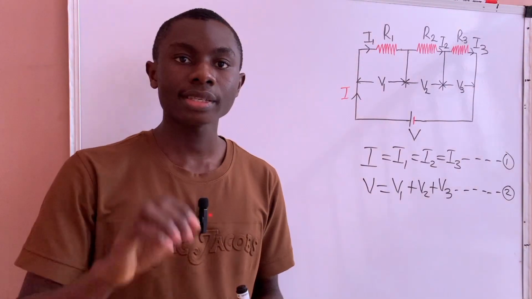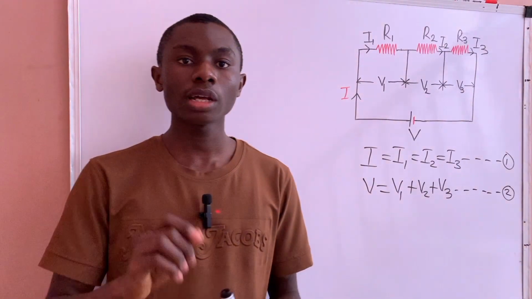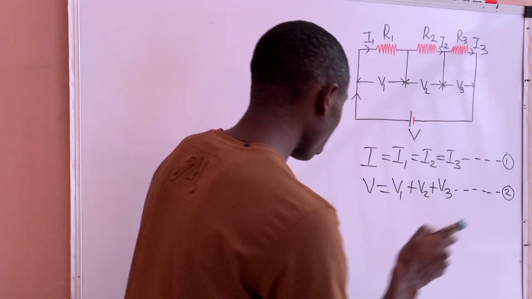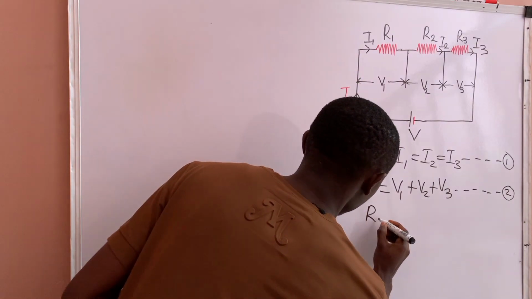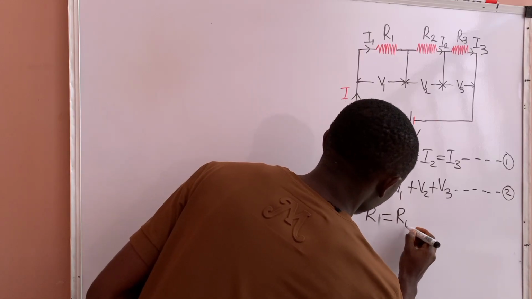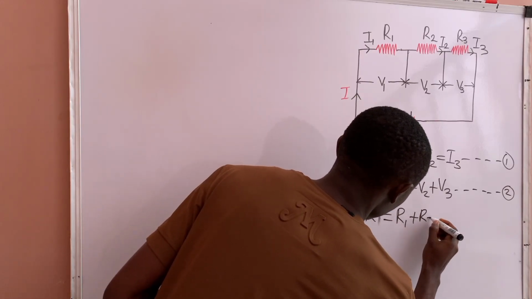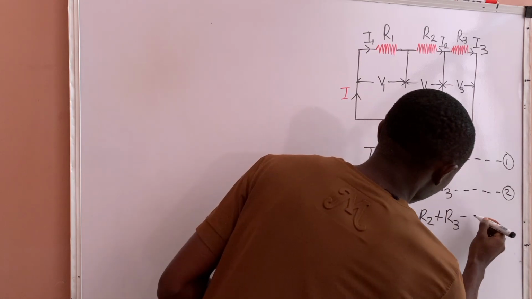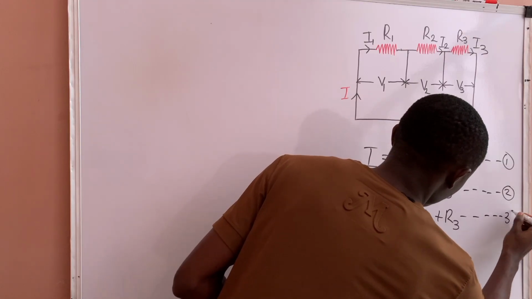We also know that the standard formula for calculating total resistance in a series circuit is given by RT, which is equal to R1 plus R2 plus R3. We can call this equation 3.